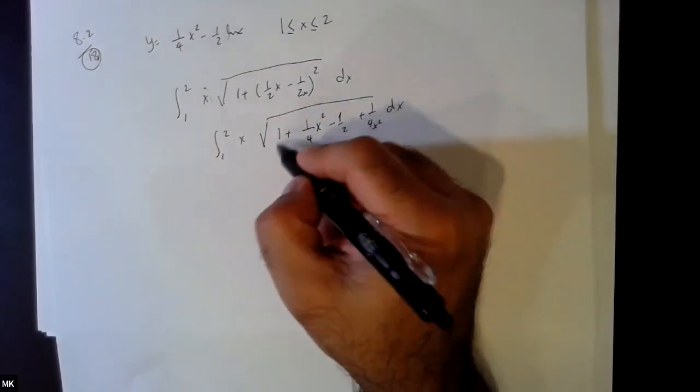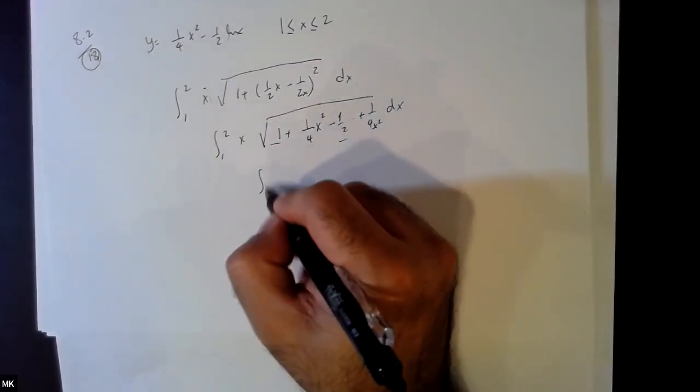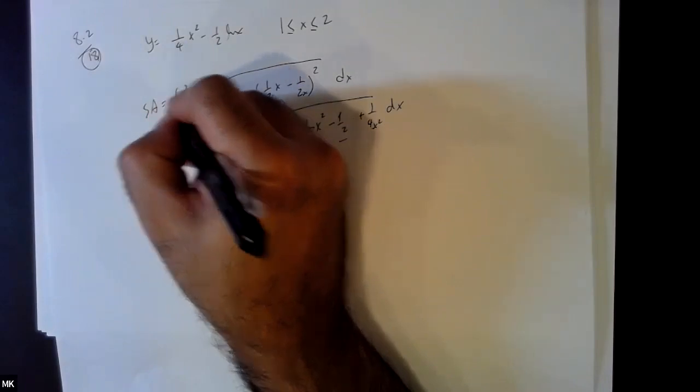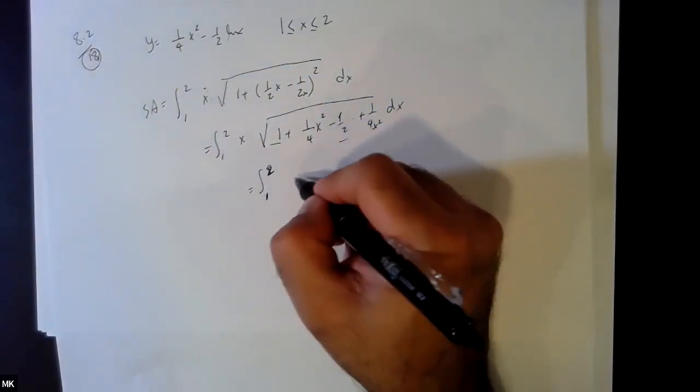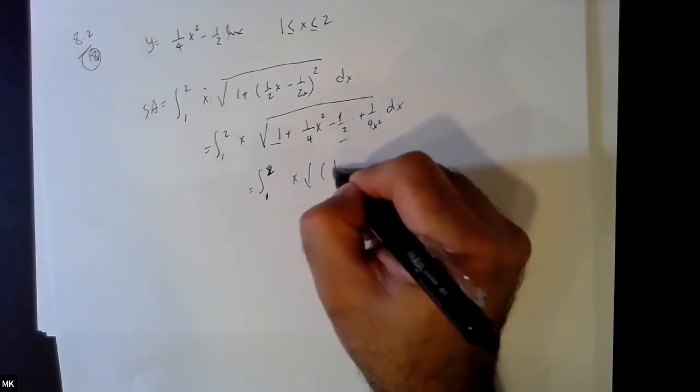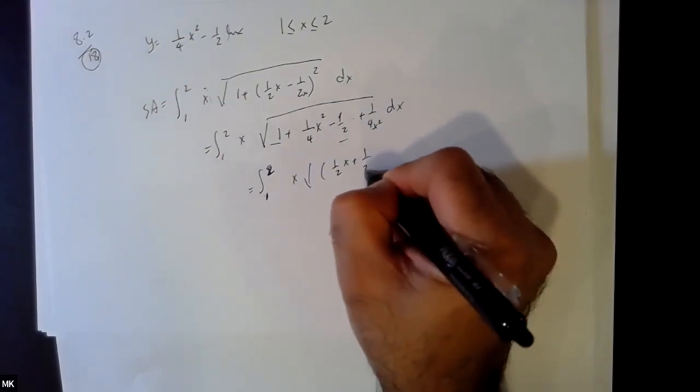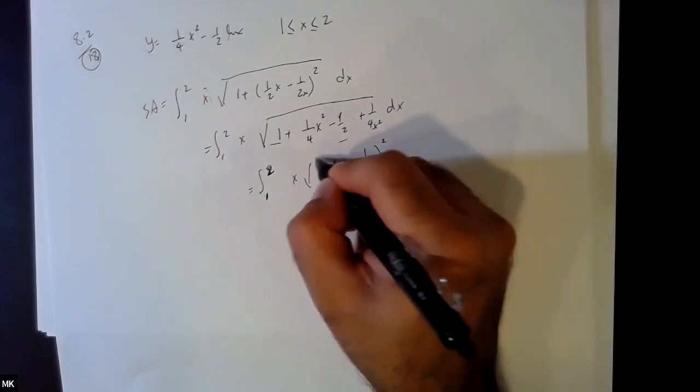And then if I combine this and this, I get surface area is the integral from 1 to 2 of x square root of 1/2 x plus 1 x squared.